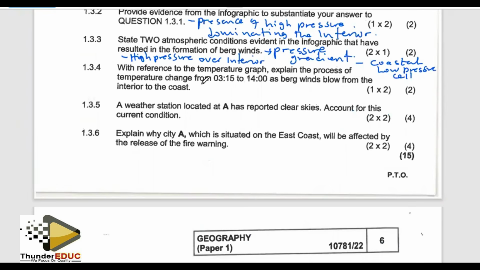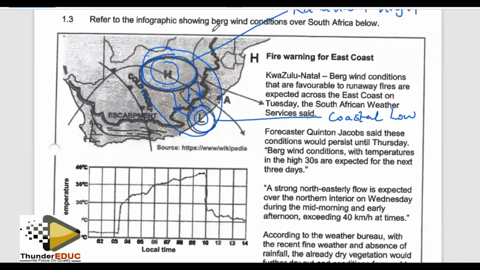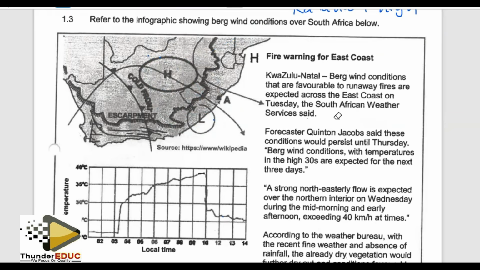1.3.5, they say the weather station located at A has reported clear skies. Account for this current condition. Let's look for point A. Okay, this is our point A here.